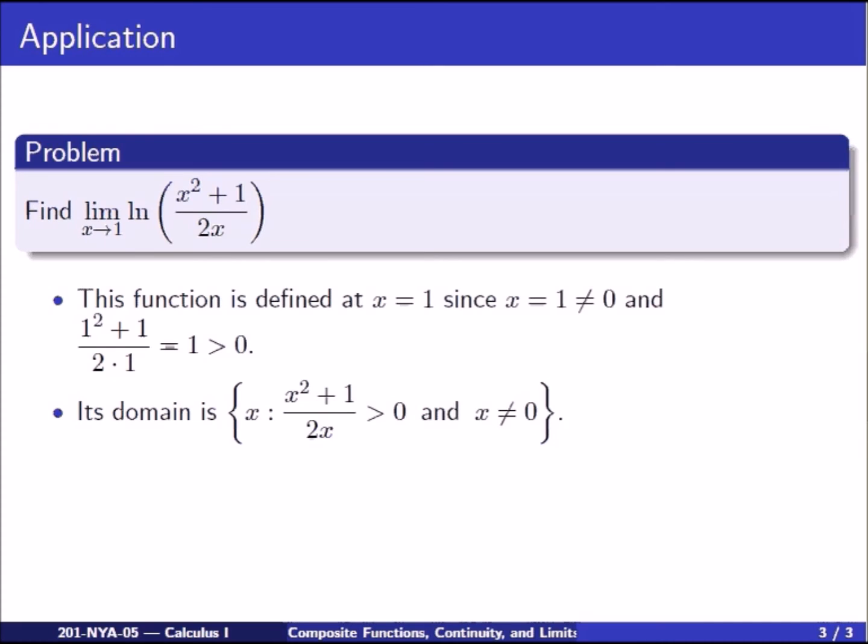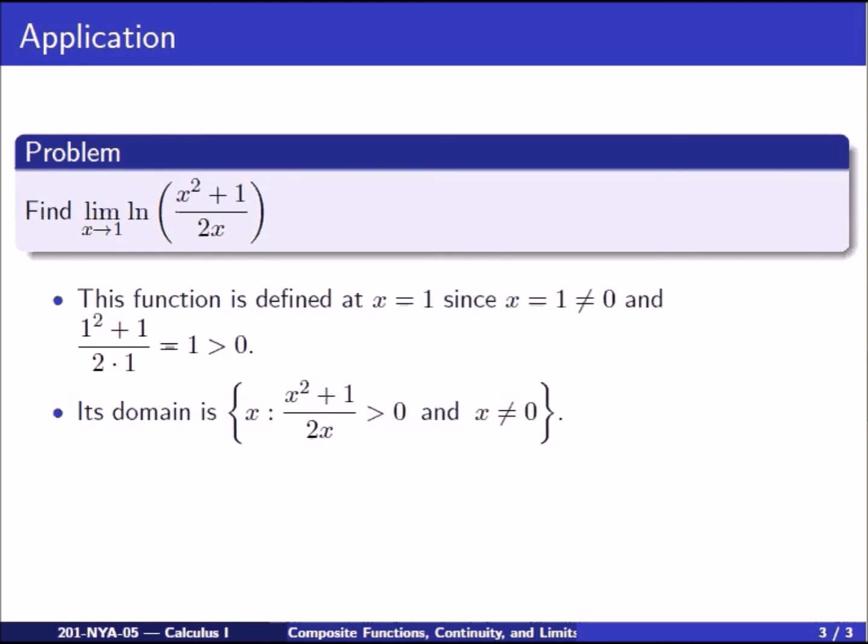So I have two conditions that have to be satisfied. If I look at the first one, saying that (x squared plus 1) over 2x is a strictly positive number, that means that the numerator and the denominator must have the same sign. Either they're both positive or both negative. But if we look at the numerator, x squared plus 1, no matter what x is, it's always going to be positive.